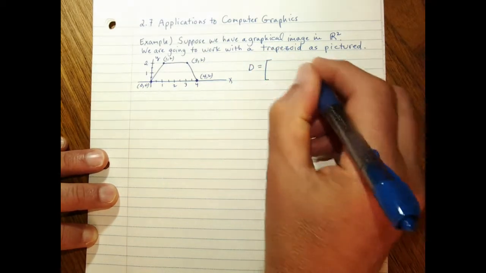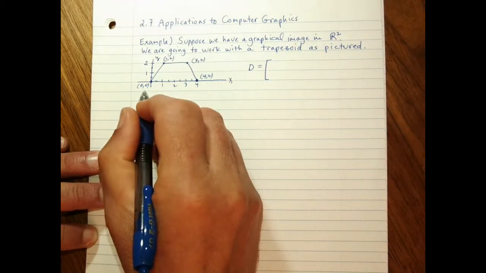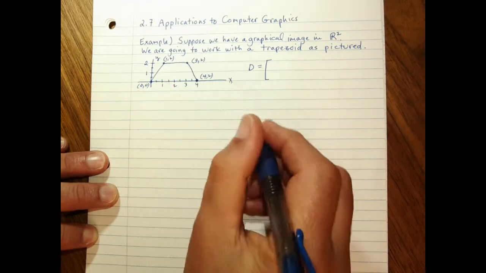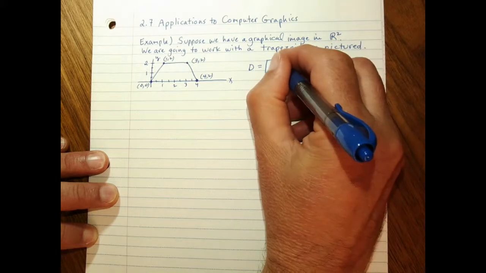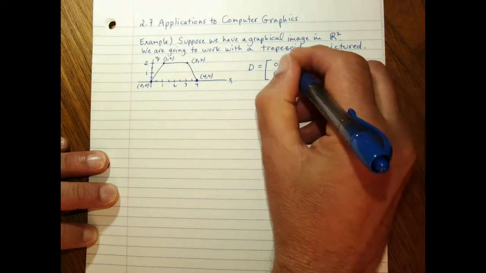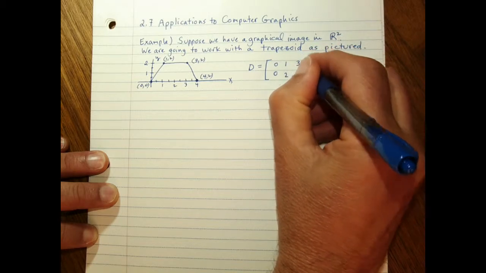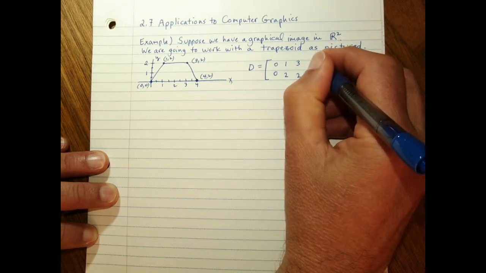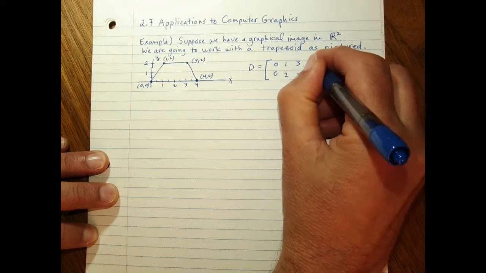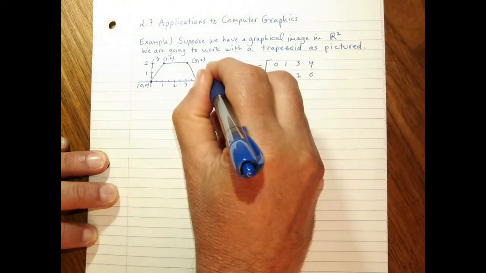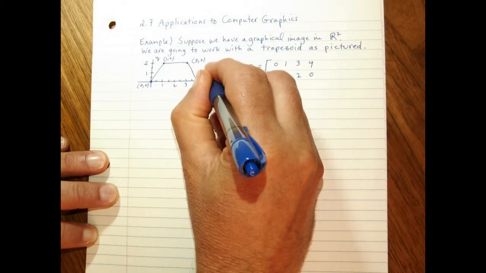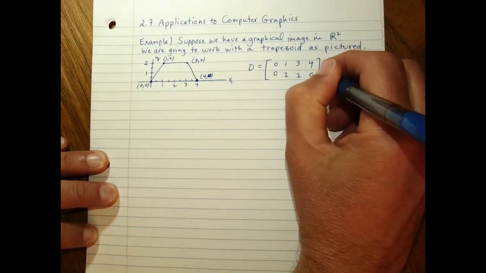And it's going to have columns that are the coordinates of the points on the trapezoid. So 0, 0, we have 1, 2, we have 3, 2, and 4, 0. And I got a typo there. That's 4, 0 in that corner, not 4, 2.